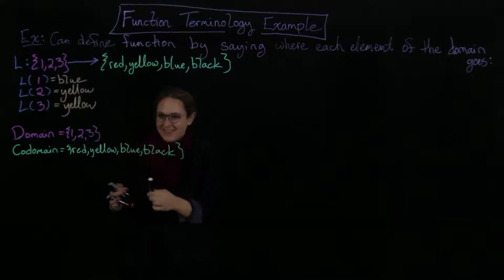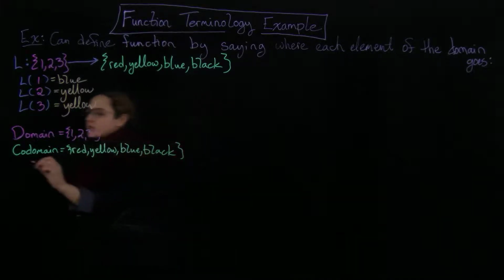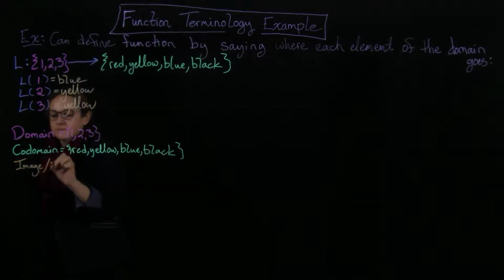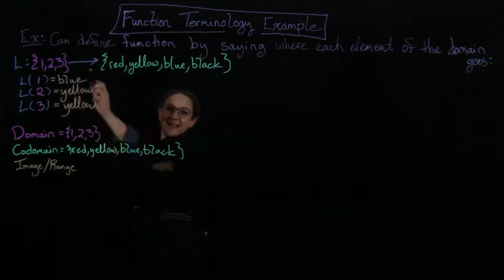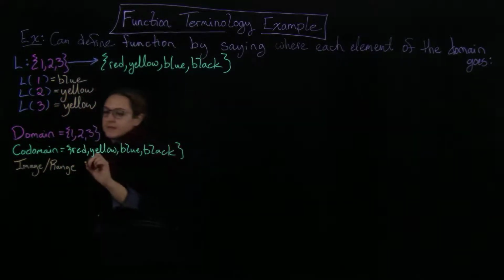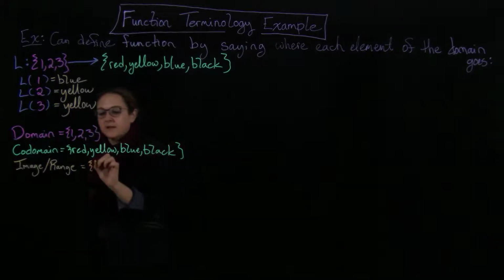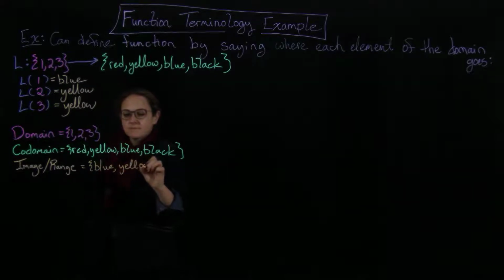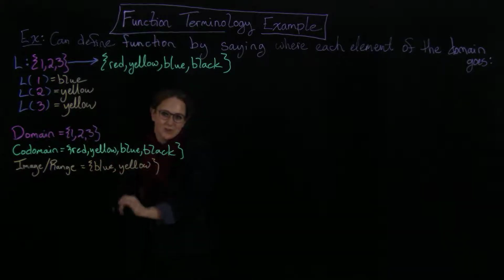And then I suggestively made in orange this image, or range. It's everything that actually shows up as the output. And this is a set, so it's blue and yellow. And this is good. It's a subset of the codomain like it's supposed to be.